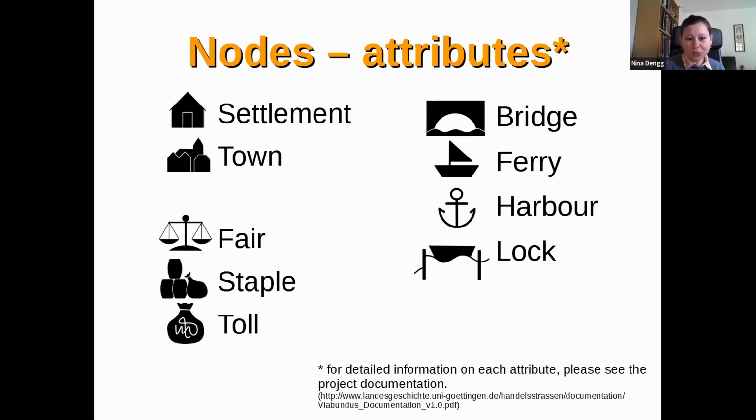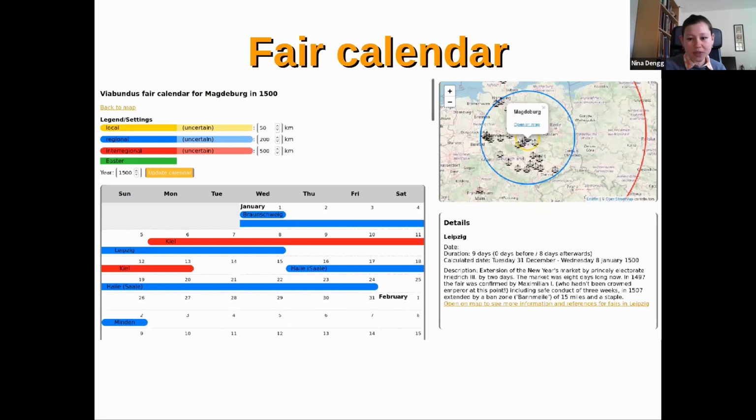The special attribute I mentioned earlier, the fair, we played around with a little bit, because due to the annual character of the fairs, they could be added to the database with specific dates. With these dates, we could build a calendar that shows the dates and durations of fairs for a desired year.